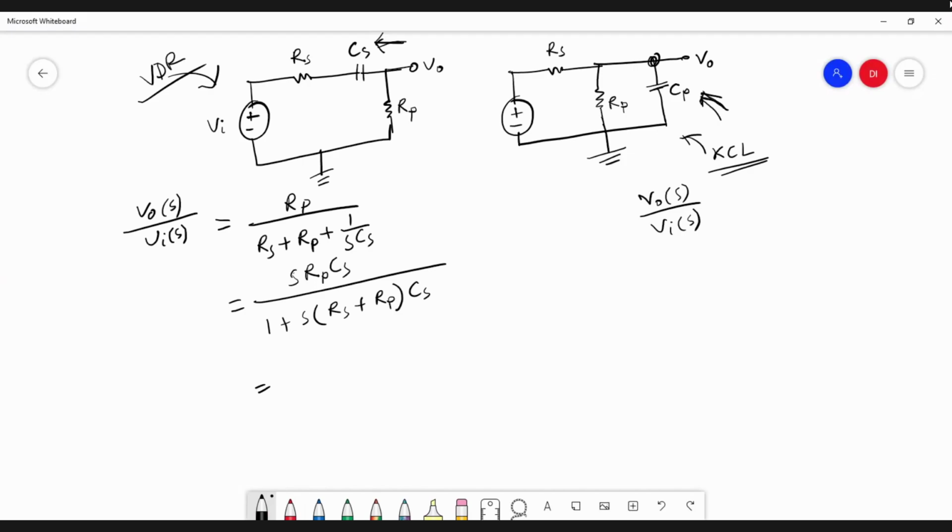Yes, sir. So we can modify a bit more. What we can do is multiply the numerator and denominator by Rs plus Rp, then it can be more generalized.